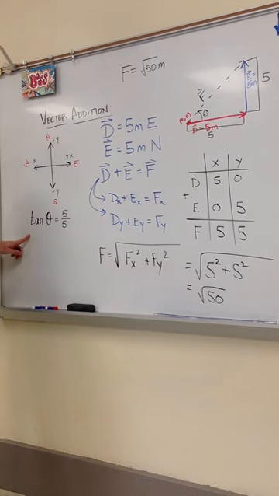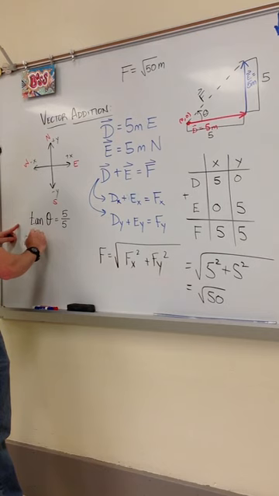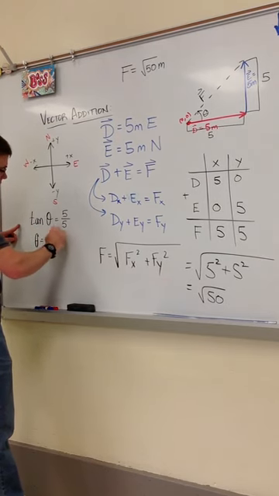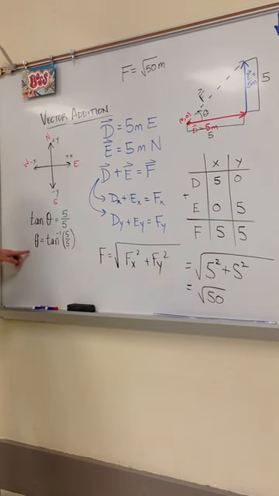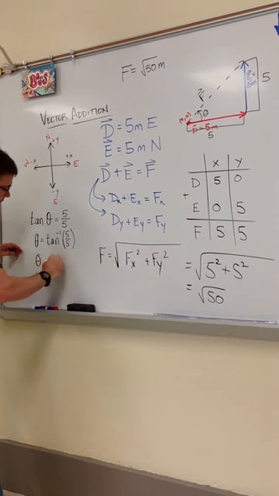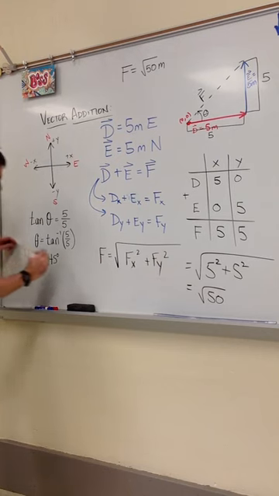Since you're looking for theta, you've got to get theta by itself. You take the inverse tangent of both sides, and you get theta equals tangent inverse of 5 over 5. And that comes out to be 45 degrees, which, if we're going to follow sig fig rules, actually you would have to round up to 50.